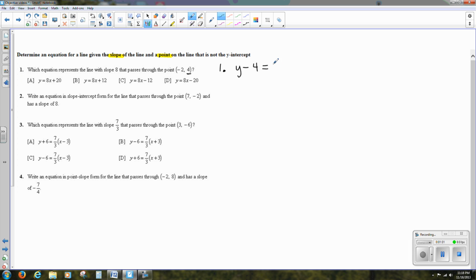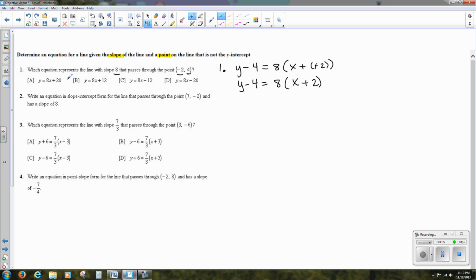And it equals, remember next we need the slope, so m is our slope of 8 times x minus x1. x1 would be -2. That means that we now have y minus 4 equals 8 times x. Remember that minus a negative means plus 2.